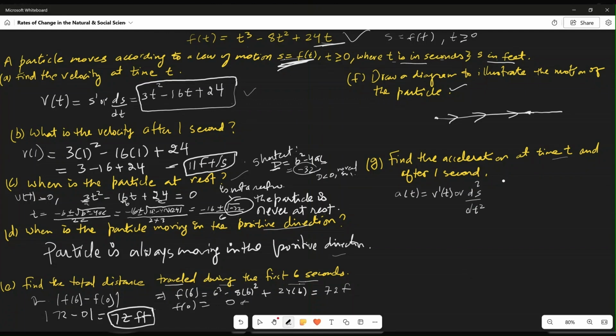Okay, so we have the velocity function 3t squared minus 16t plus 24. So the acceleration at time t is equal to 6t minus 16.